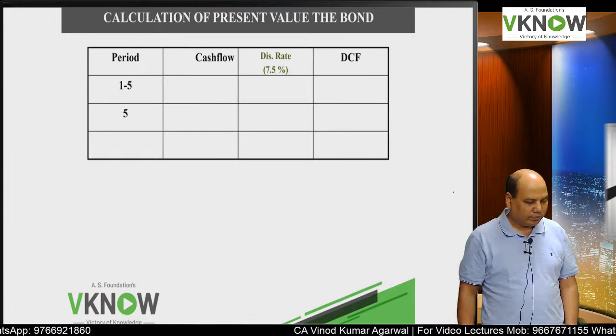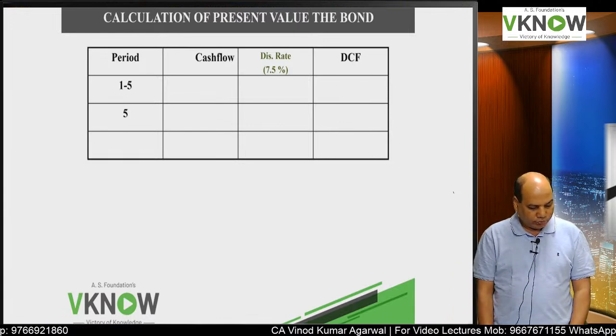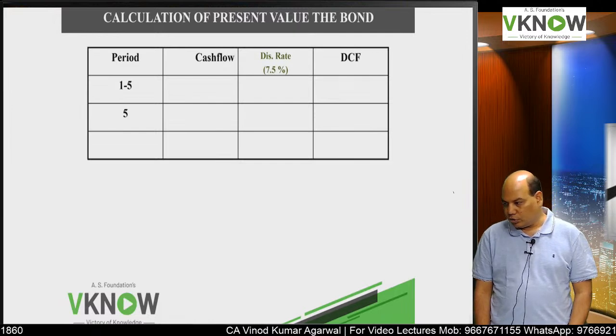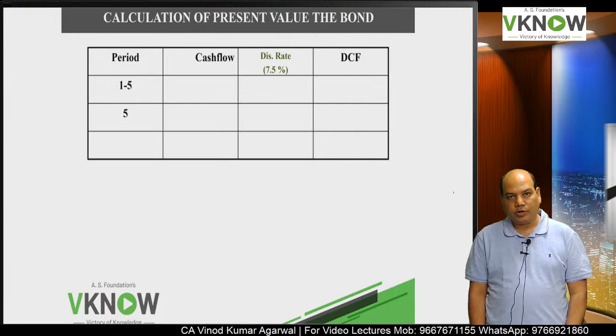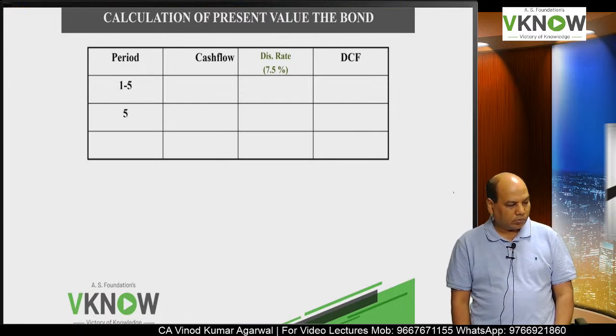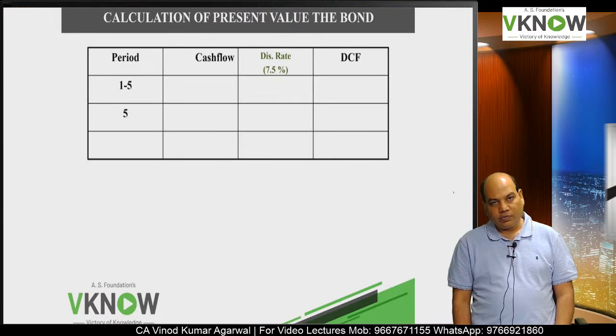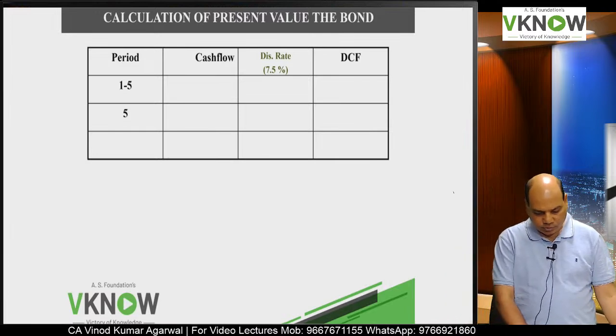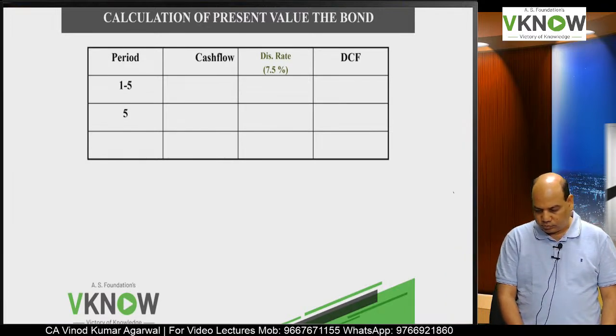You can write in the notebook or you can write in book paragraph 31, wherever you please. Calculation of present value of the bond. 4 columns we will draw: year, cash flow.